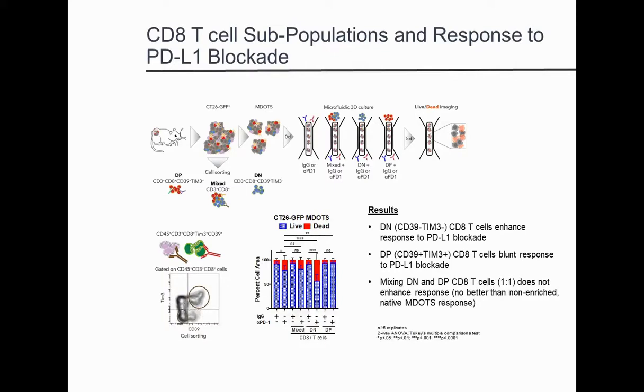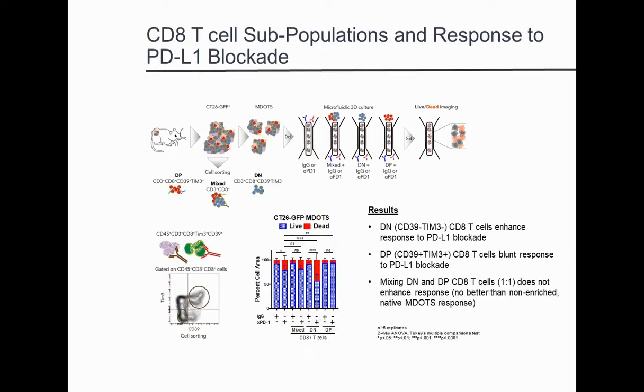So for the workflow for the experiment to test whether the CD8 good guys or bad guys are modifying that response to PD-1 blockade, we set up the following experimental design, where tumors are grown in mice, we take them out, we generate M-dots from them, but at the same time we take the unused portions, the S1 and S3 fraction from the original tumor prep, and then we do cell sorting based on the expression of CD3, CD8 to make sure that we've got our T-cells, and then look at expression of those exhaustion markers, CD39, TIM3, to get either a double negative population or a double positive population, and we preserve some of the extras so that we can mix them in a one-to-one fashion.